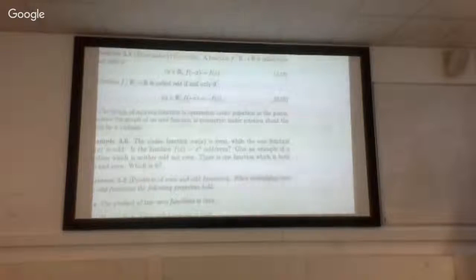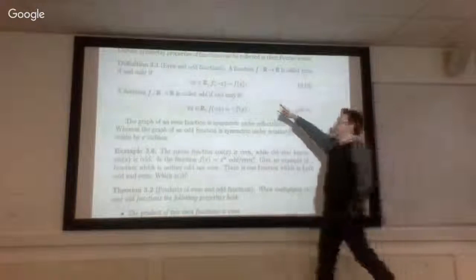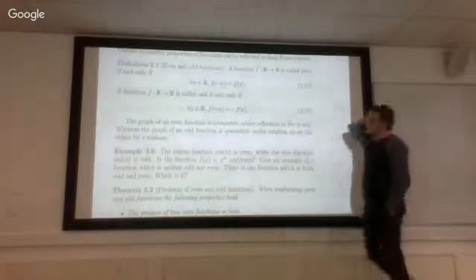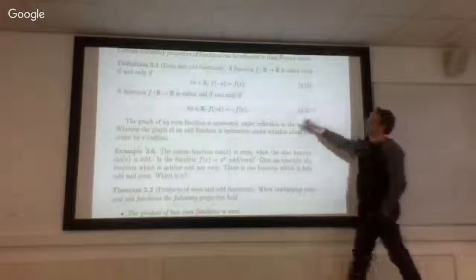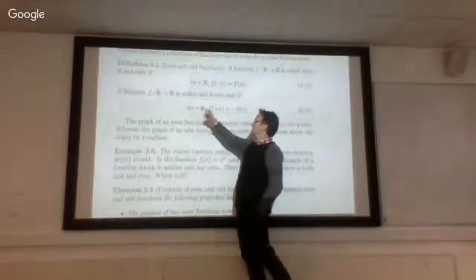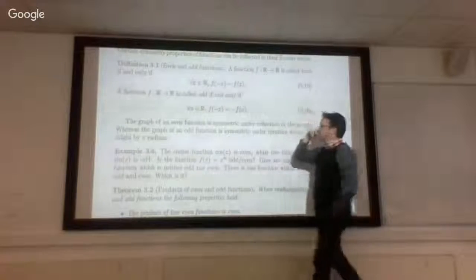So just a quick review of the definition. An even function is a function which behaves like this: f of minus x is always the same as f of x. An odd function is one which has this behavior: for every real argument x, f of minus x is equal to minus f of x.